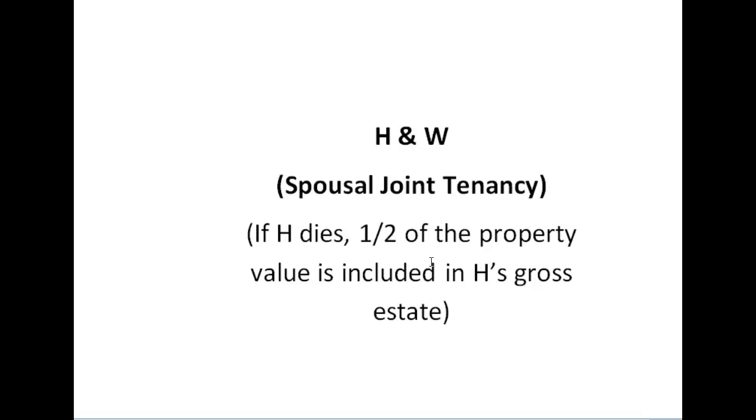It should also be noted that Section 2040B doesn't apply to a situation where there's joint tenancies created before 1977. It also does not apply if the surviving spouse is not a U.S. citizen. It has nothing to do with when the joint tenancy was created with respect to the citizenship.